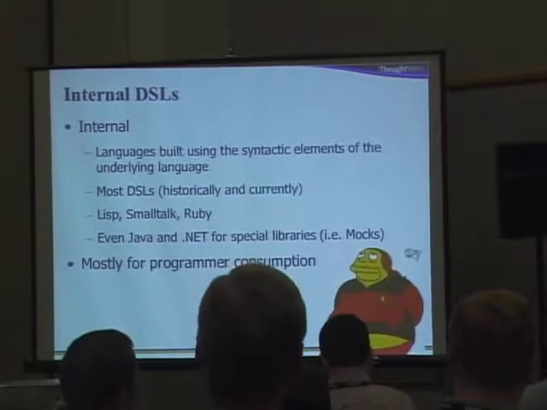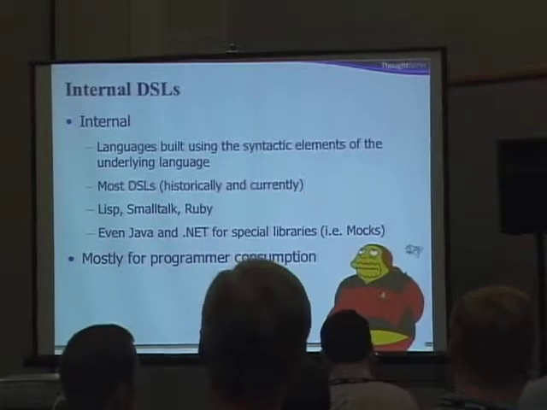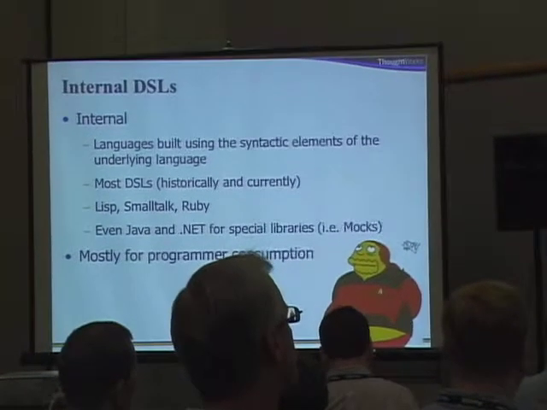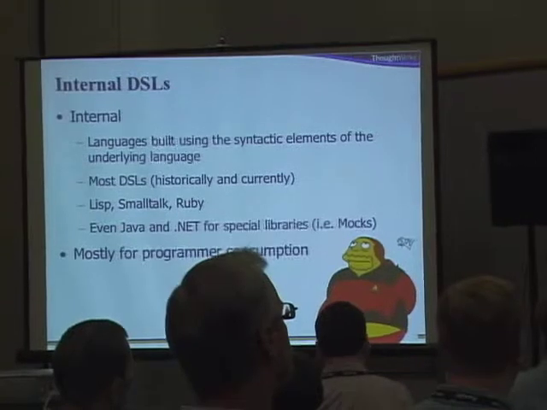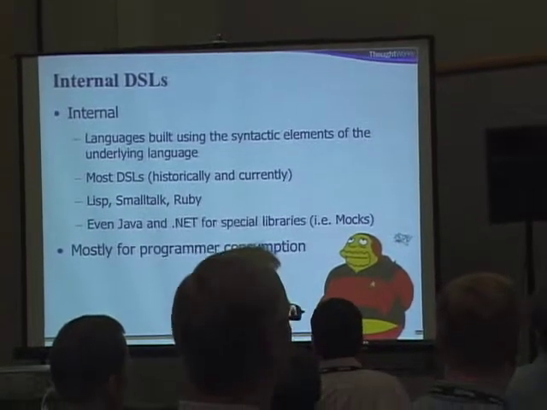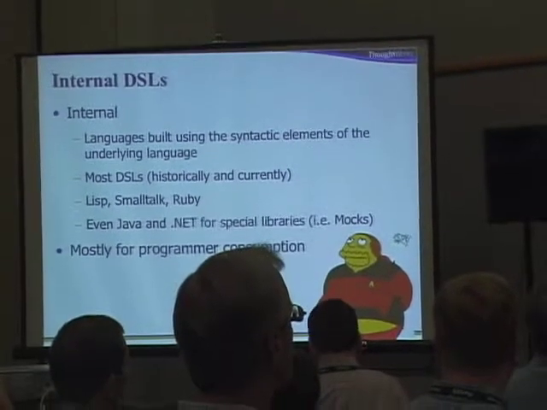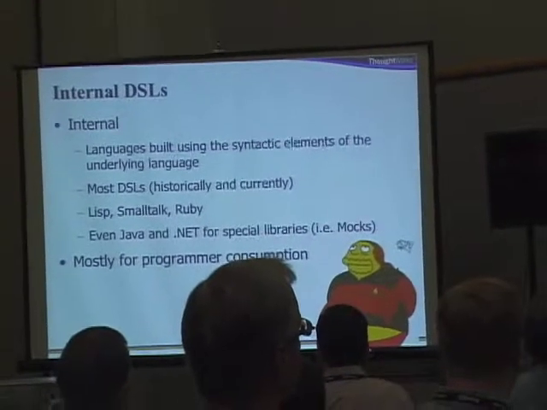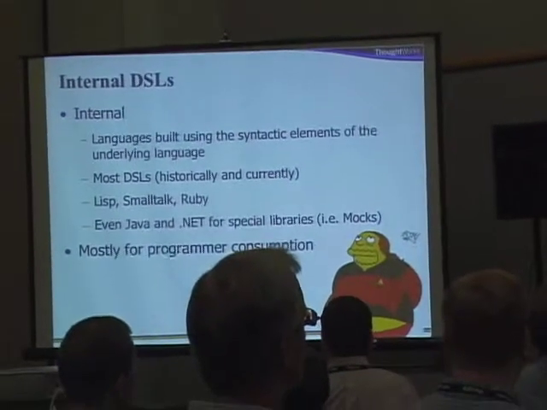So Lisp, Smalltalk, and Ruby have done this to build a domain-specific language on top of the syntax that already exists. And that makes sense because if you already know Ruby, then it's fairly easy to build a language layer above Ruby, but still be able to drop down to the actual Ruby code if you want to.